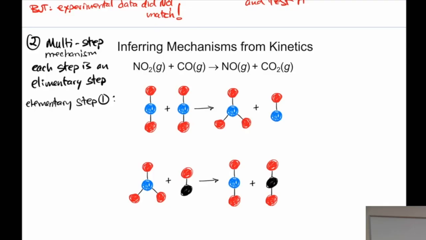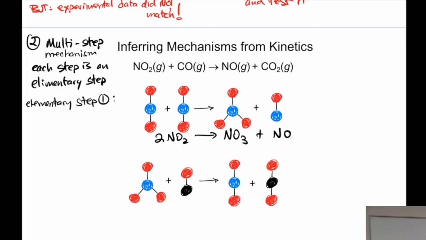I've got 2 molecules of NO2 that are going to collide with each other in just the right way, right? That's the A factor, the frequency factor. Just the right way, with enough energy, and they're going to then resolve into 1 molecule of something new, NO3, and a molecule of NO. So we're inventing some new things. That's okay. That's just in step 1.